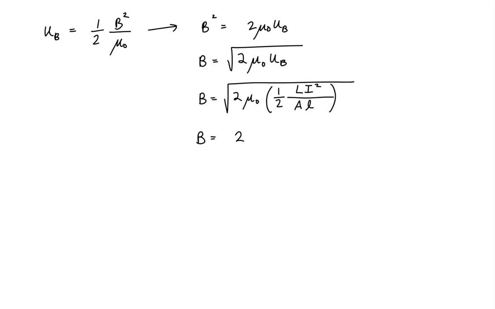This then is 2 times the permeability of free space, which is 4 pi times 10 to the minus 7 tesla meter per amp, times 1/2 the inductance of our inductor, which is 10 microhenries, times the current through our inductor squared, which is 0.10 amps quantity squared, divided by the area of our inductor.